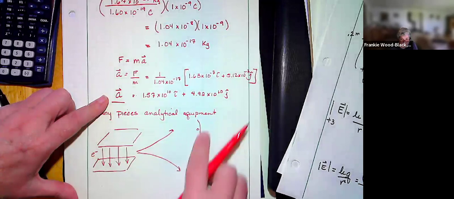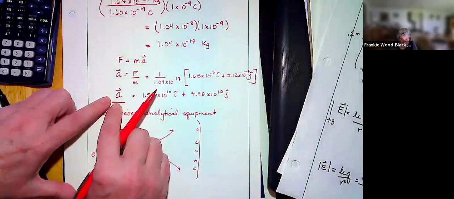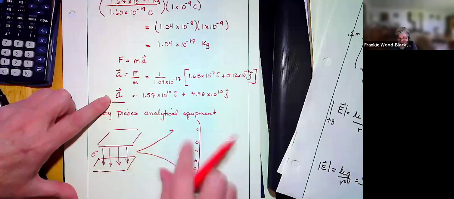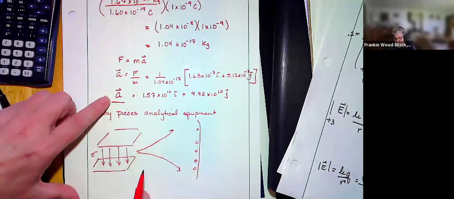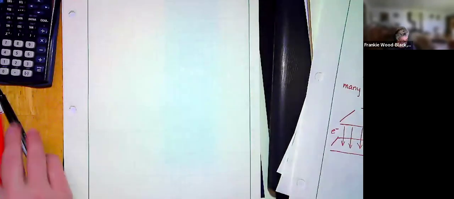And that's how I could get the registers and actually see a picture. So we need to know things about acceleration of electrons because we're going to use that to our advantage as we build electronic devices. So that gives you an idea of how those types of problems work.